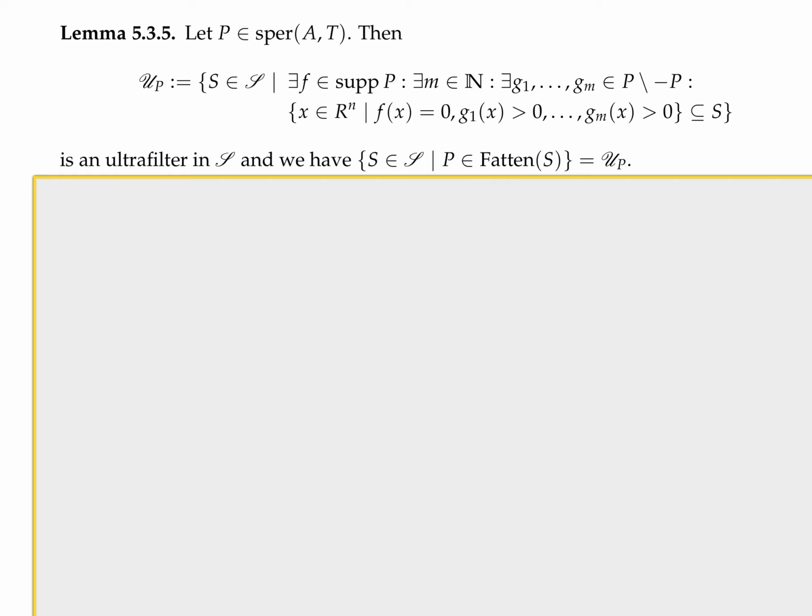So this immediately gives rise to an ultrafilter on the Boolean algebra of constructible subsets of this real spectrum of AT, right? That's clear, right? A point gives rise to an ultrafilter. I said once that an ultrafilter is a generalization of a point, but here it really corresponds to this point. So I get an ultrafilter on the Boolean algebra of constructible subsets of the real spectrum of AT.